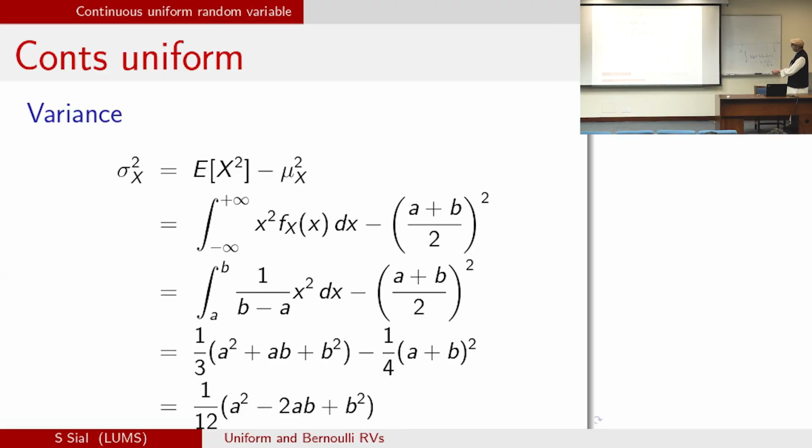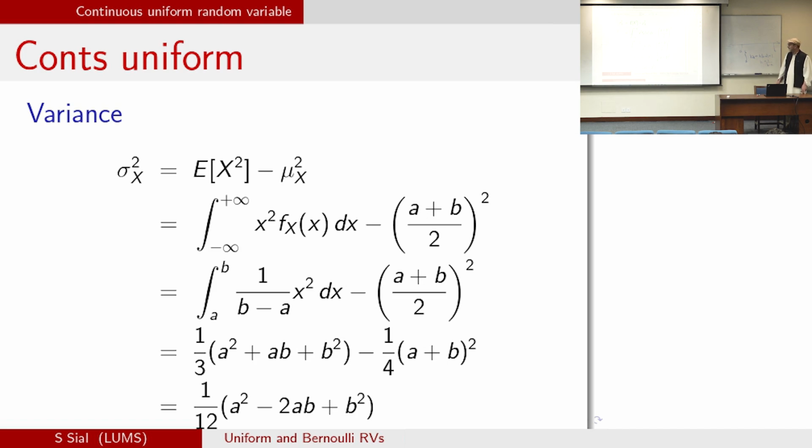So I'm only really left with having to do this integral, the integral from a to b of x squared. Now what's the PDF value? It's 1 over b minus a on that interval from a to b. So I can pull the 1 over b minus a outside.